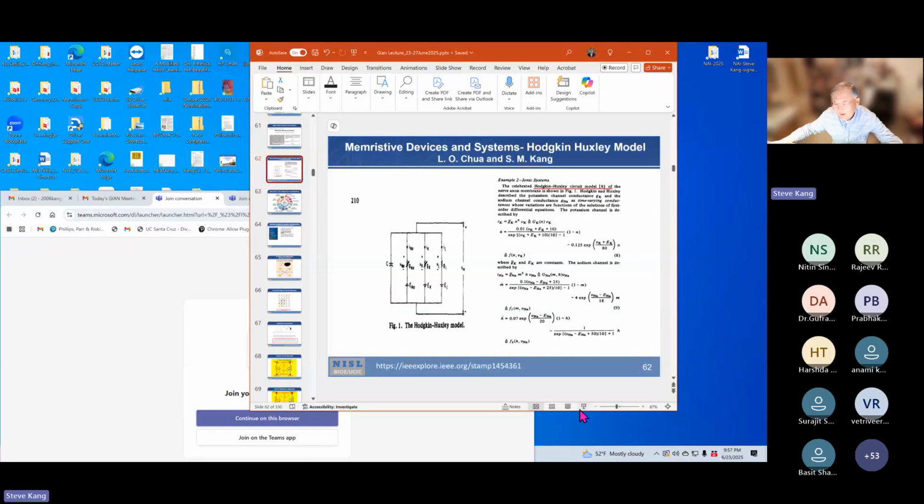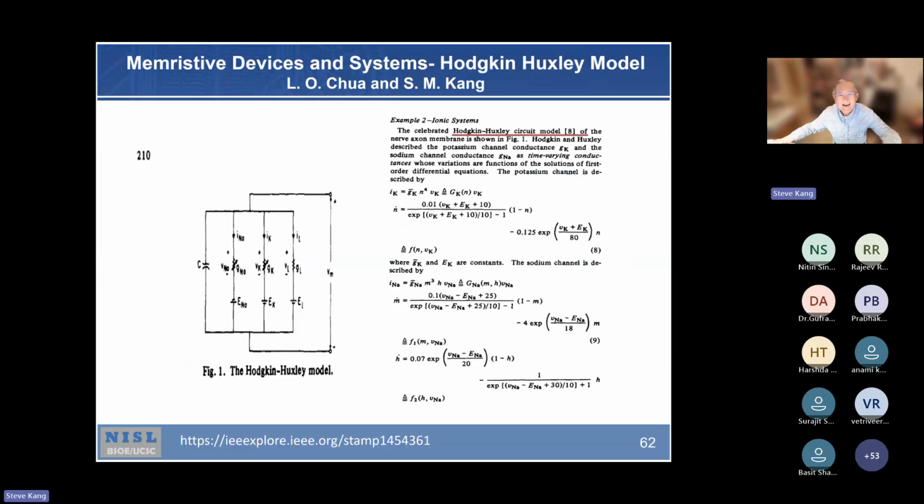Right. So this is a very complex system, and these n, m, h are fictional quantities.